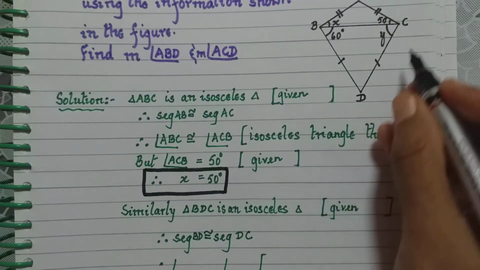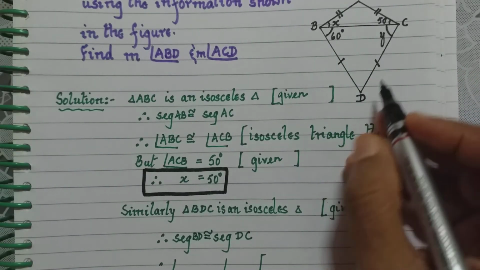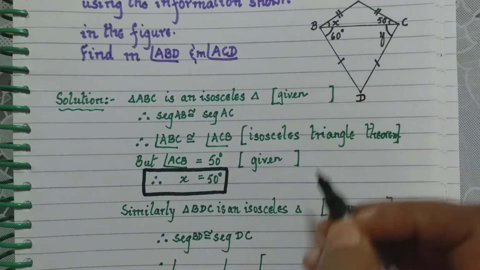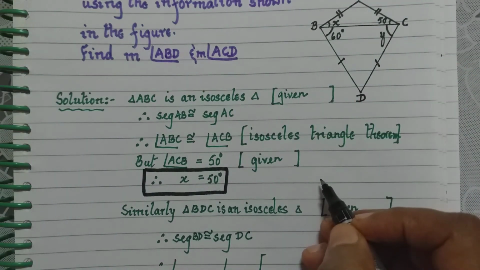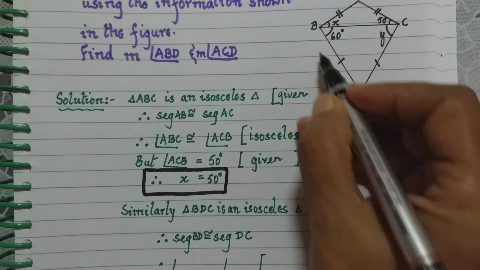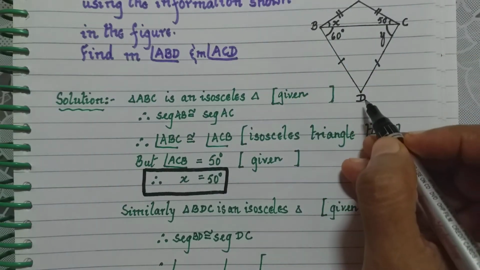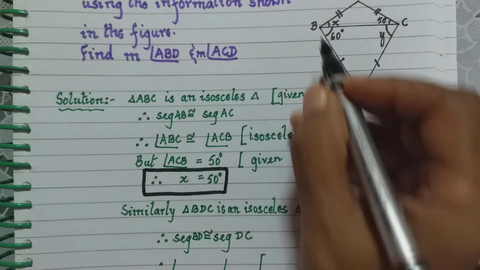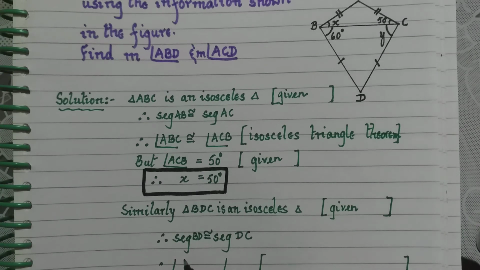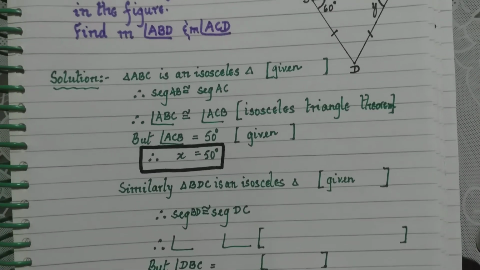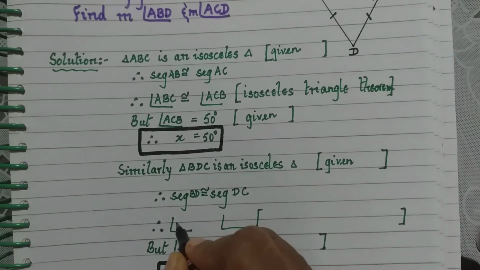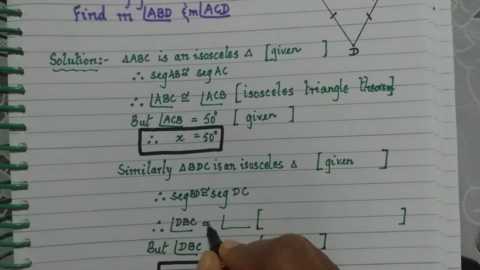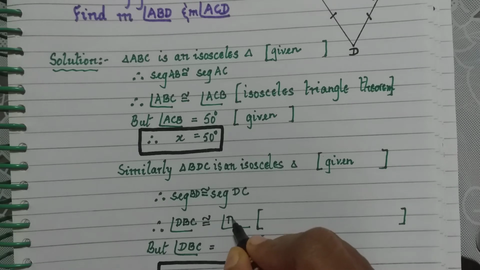Now, if segment BD is congruent to segment DC, the opposite angles should be congruent. Which are the opposite angles? Angle DBC and angle DCB. So, we write here, therefore, angle DBC is congruent to angle DCB.